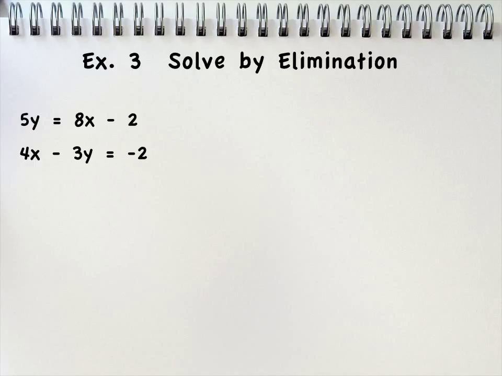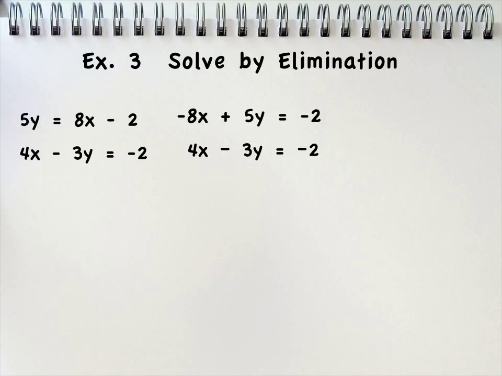Here one of the two equations is in standard form, but the top equation is not, so I'm going to need to rewrite it and subtract 8x from both sides. Now I can see that my coefficients for my x's are not the same, and the coefficients for y's are not the same.